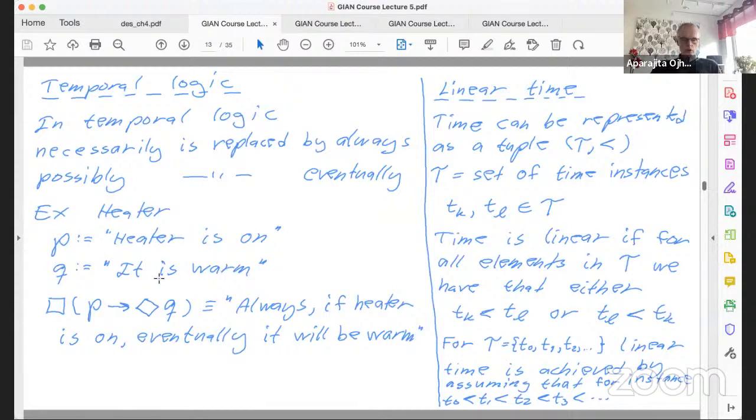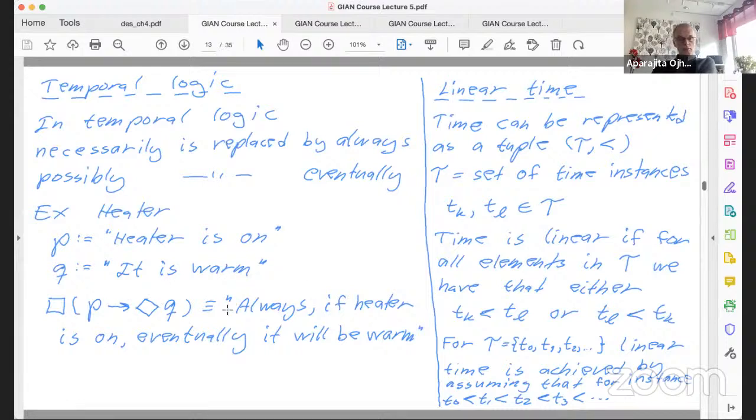Okay, if the heater is on, is it absolutely true that it's warm? No, because when you just switch on the heater, it's not warm in the room, for instance. But we can say that it's always as follows: P conditional eventually Q, meaning always, if the heater is on, eventually it will be warm.